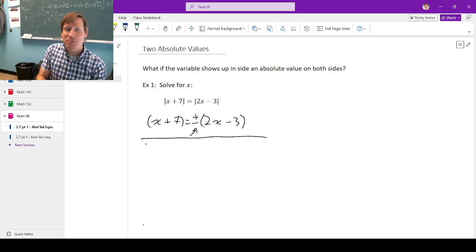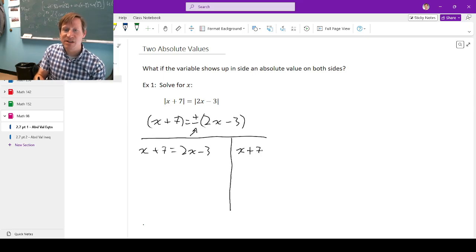The version with the plus is x plus 7 equals 2x minus 3. That's the first version of our equation. The second version is the version that has the minus sign on the right-hand side: x plus 7 equals negative (2x minus 3). And don't forget the parentheses around 2x minus 3. That negative is outside the parentheses.